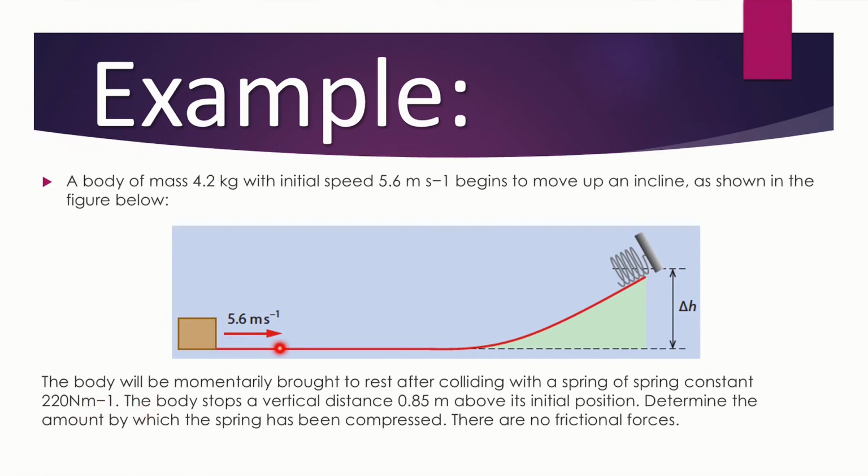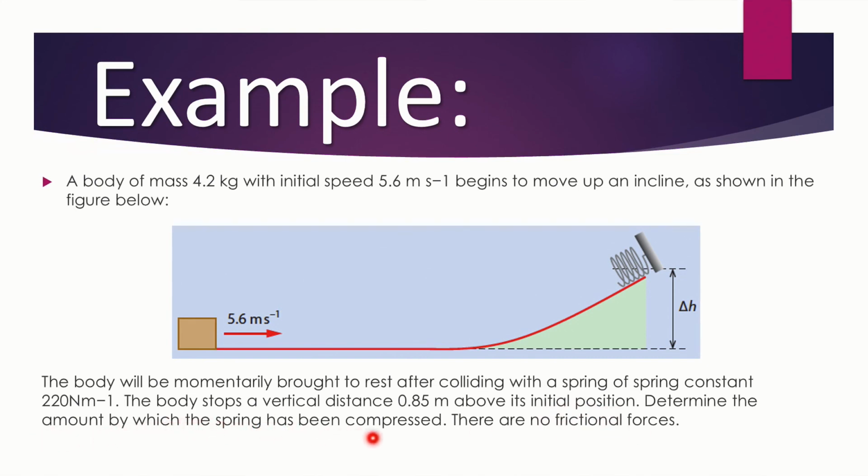So it means that the object is going to move along this path, and when it hits the spring, it is going to be for a moment at rest, and then it's going to be pushed down by the spring. The body stops at a vertical distance of 0.85 meters above its initial position.